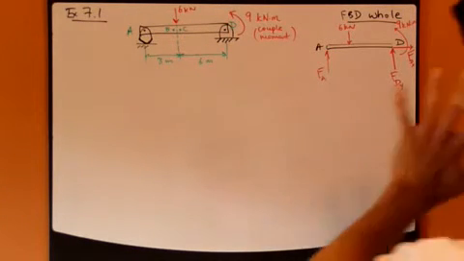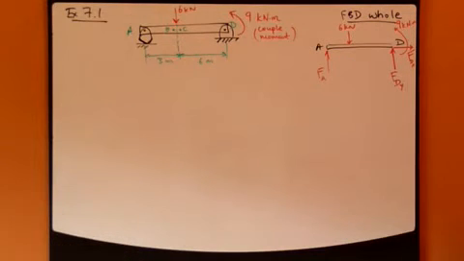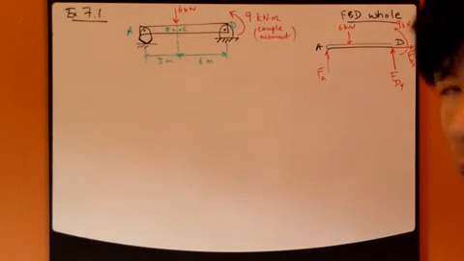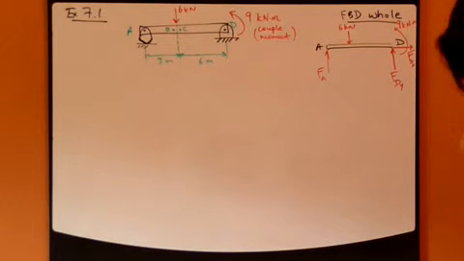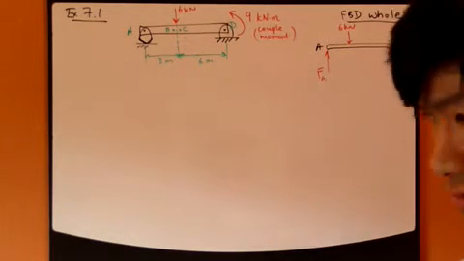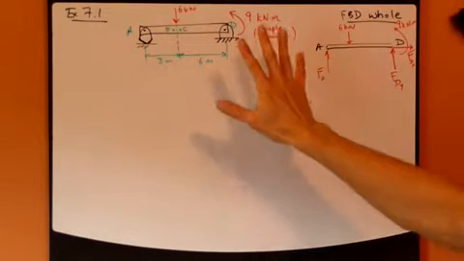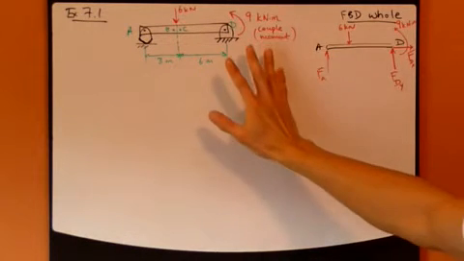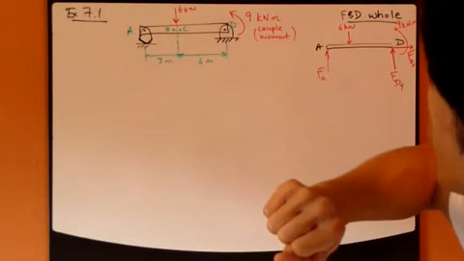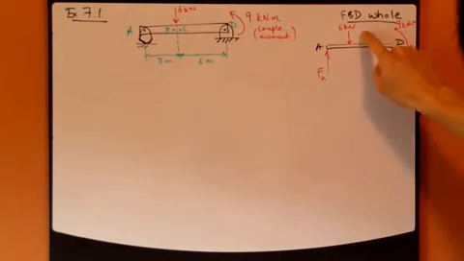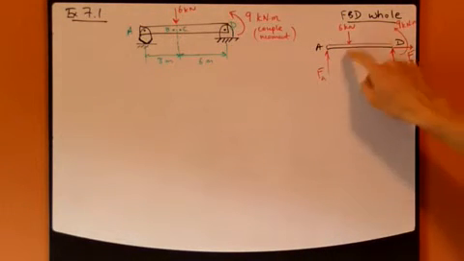So we're not going to consider weight right now. We'll start considering the weight after we talk about something called the center of gravity, and that's in later chapters. So for now, let's just keep it simple and assume that mass is ignored. So the free body diagram looks something like this.